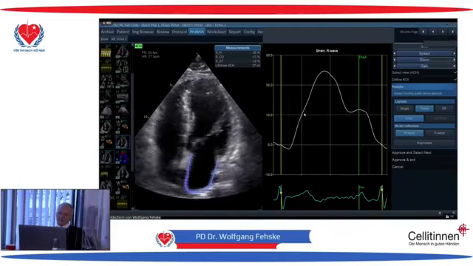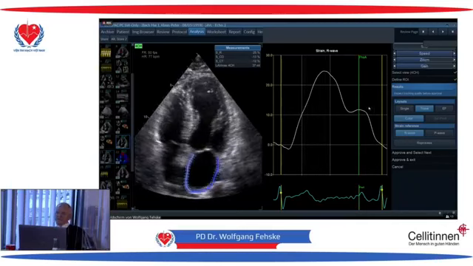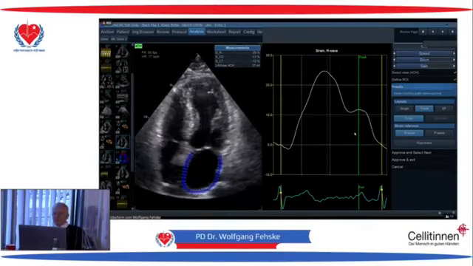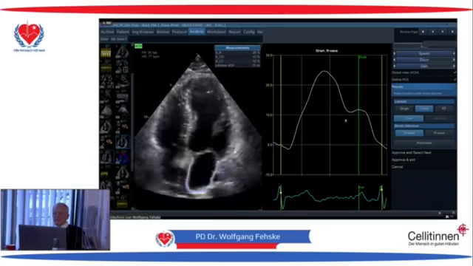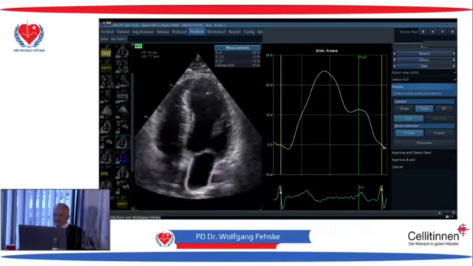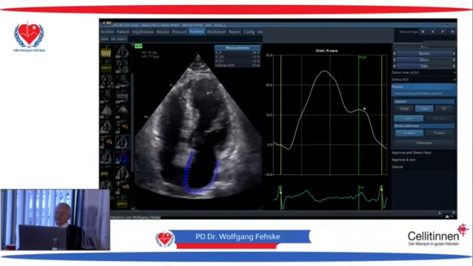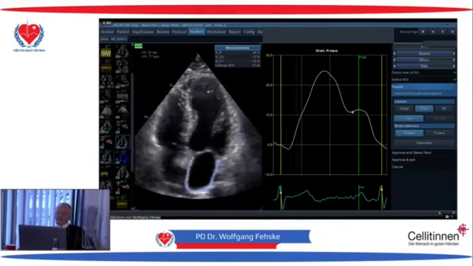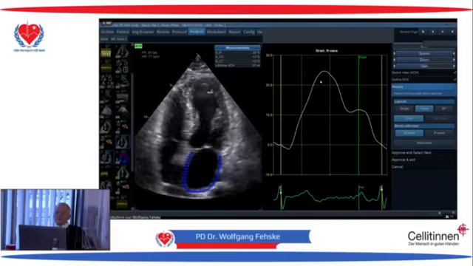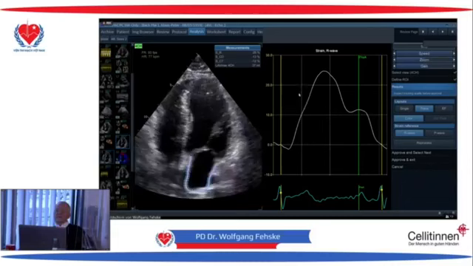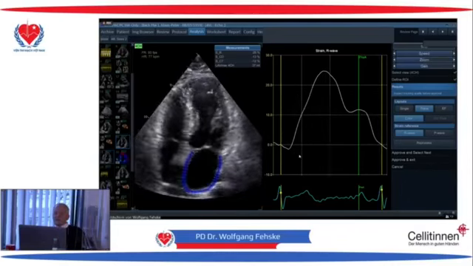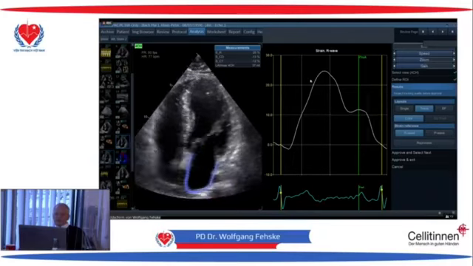And this is really interesting. It looks a little bit like a miracle, but you see, corresponding to the strong A wave, you see here this active emptying. Why should we call it active emptying? Because this here is passive. This is strain, typical strain measurements, and minus means contraction, and plus means elongation.